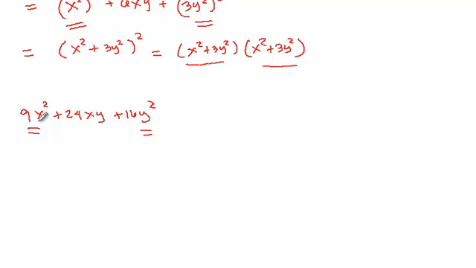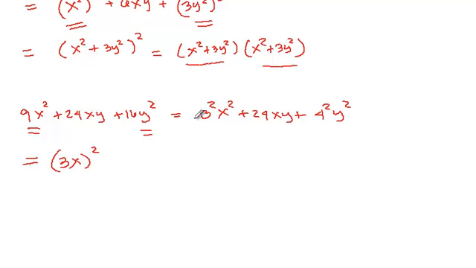So you re-express it: 9x squared can be expressed as 3 squared x squared, plus 24xy, plus 4 squared y squared. They have the same exponent but different bases, so you just multiply the bases and raise that to the same exponent. We'll have 3x squared, 24xy, then 4y squared.